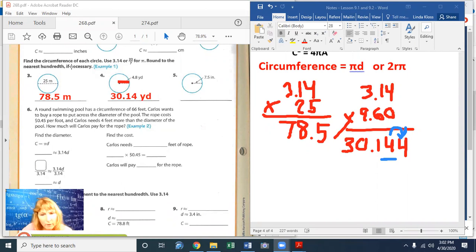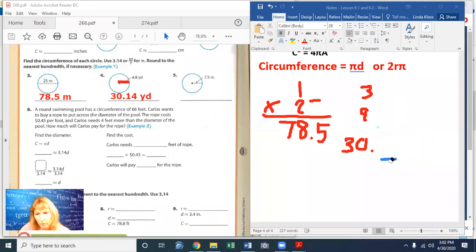Number 5, we are given a radius, or are we given a diameter? Yep, we are given a radius. So we have to double the radius, right? So that's what I'm going to do first. Let me get rid of some of this other stuff here for a minute so we have a little bit more room.